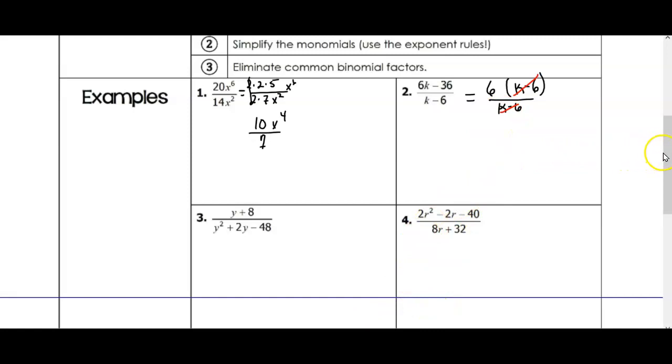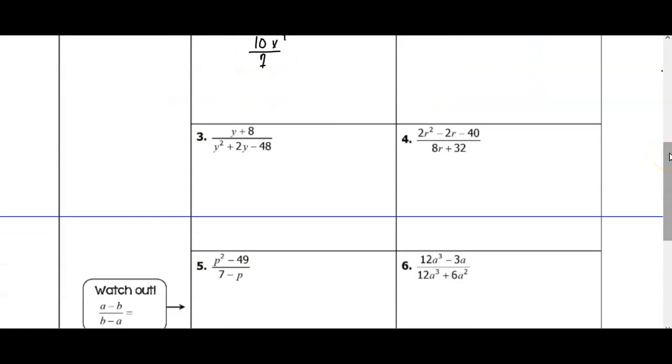All right, scroll down and take a look at number 3 here. Okay, so with number 3, we need to factor that denominator. Nothing can be factored in the numerator, so that stays the same: y plus 8. And now in the denominator, we need two numbers that multiply to make 48, but have a difference of 2.